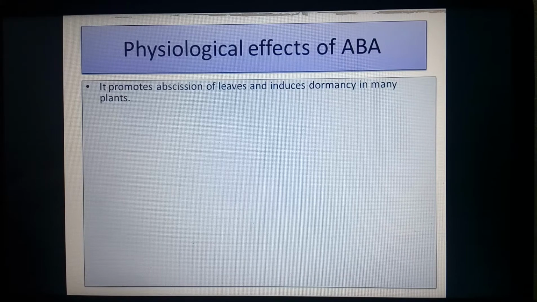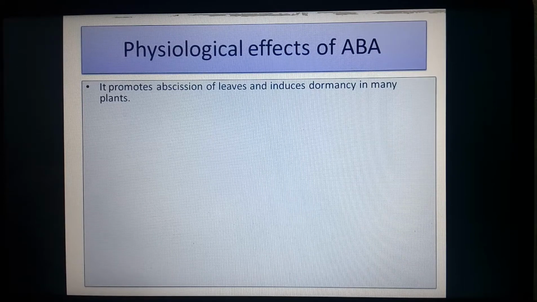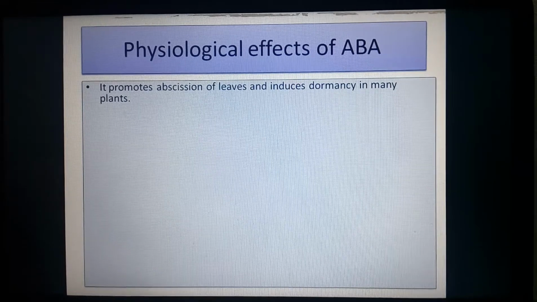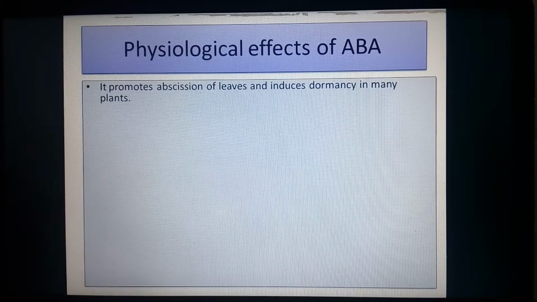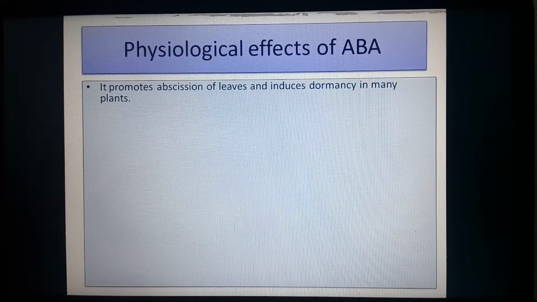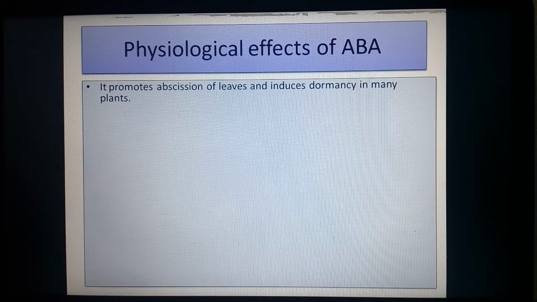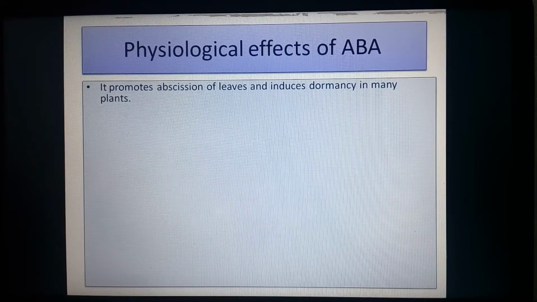As the abscission layer is formed, the leaves fall down, the flowers fall down, the fruits fall down. Why is the abscission layer formed? Mainly it is formed to keep the plant alive; it acts as a stress hormone. So it helps to overcome adverse atmospheric conditions. So it helps the plant body to stay alive.